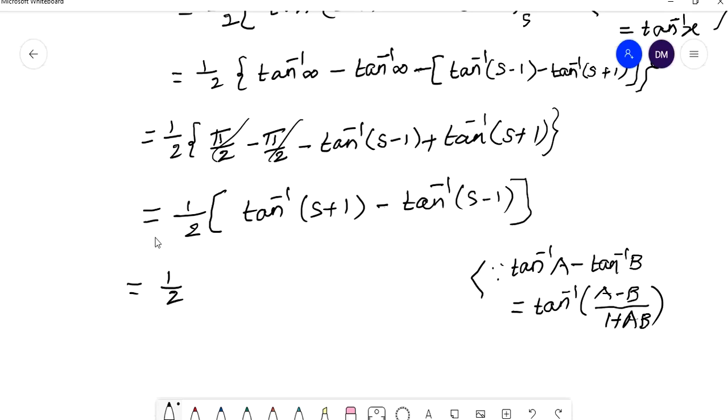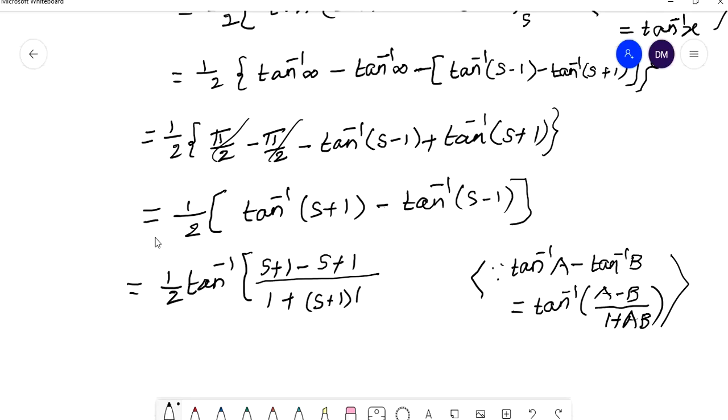Here a means s plus 1, b means s minus 1. So by using this formula it can be written as tan inverse of a minus b, s plus 1 minus s minus 1, so minus of s minus 1 means minus s plus 1, so minus s plus 1 by 1 plus a into b, s plus 1 into s minus 1.